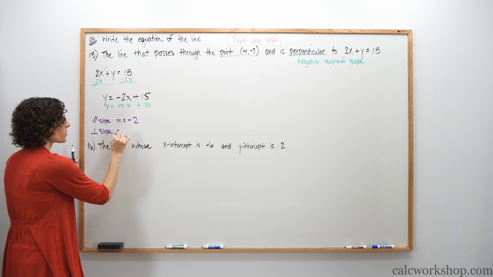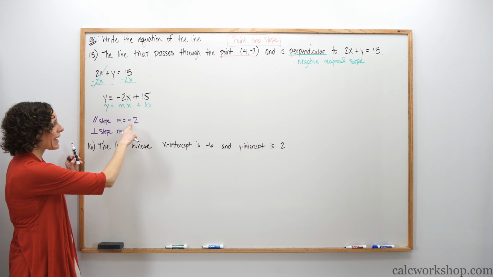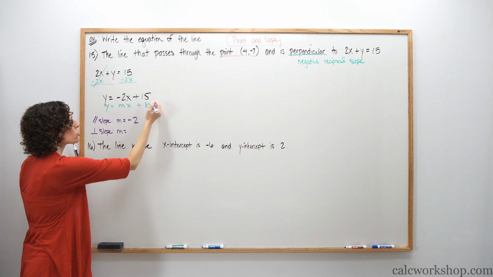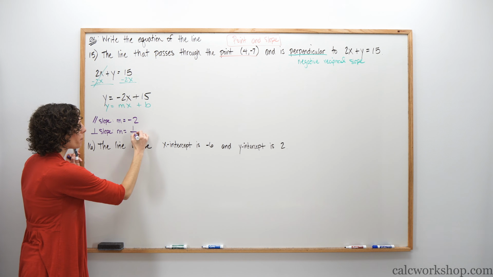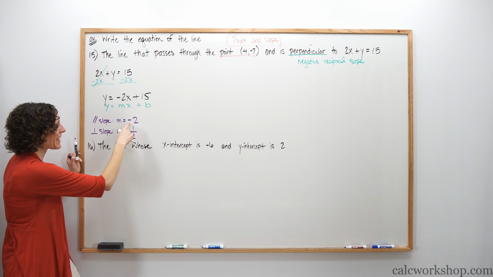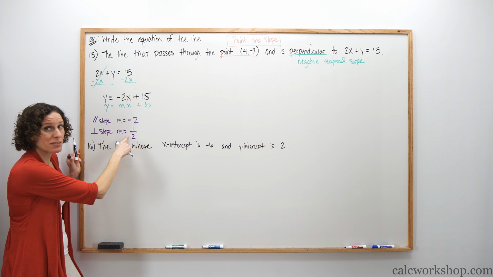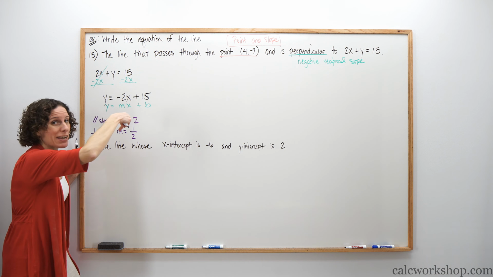Perpendicular slope means we want m equals, and we're going to flip that. So right now what we have is negative 2 over 1. So to flip it, we would put this on the bottom, and we're going to change its sign. Currently it's negative. We want it to be the opposite sign, so it's going to be positive. Right now it's a 2. We're going to flip it to make it 1/2.